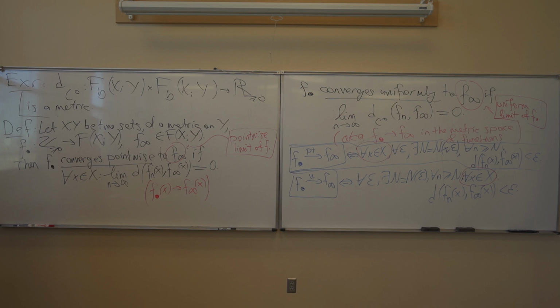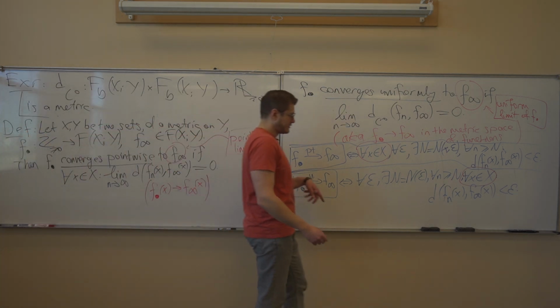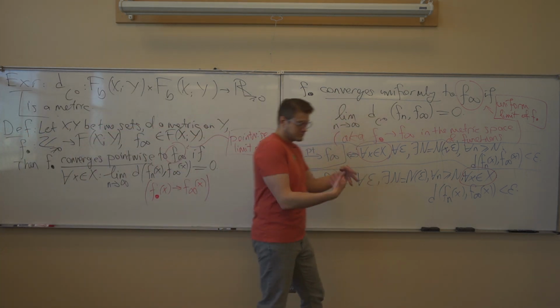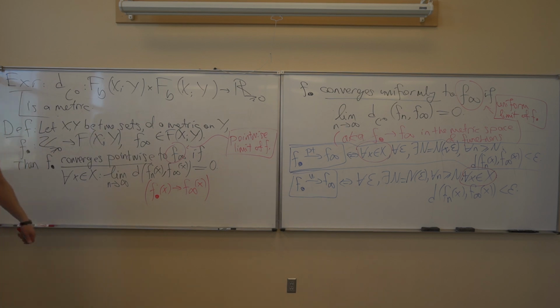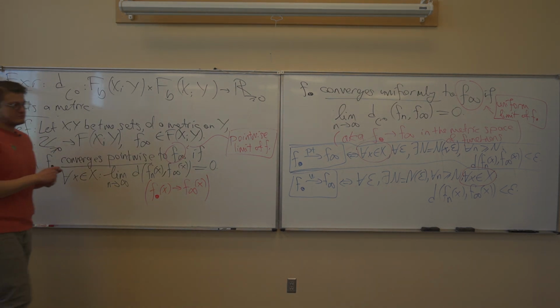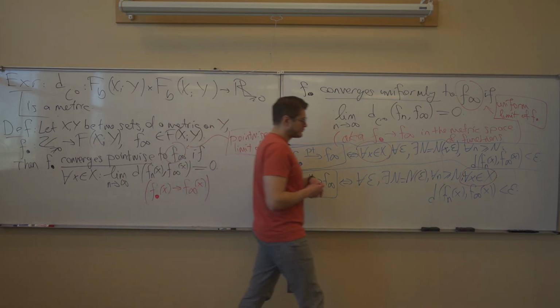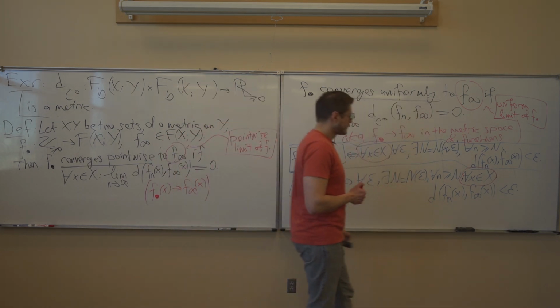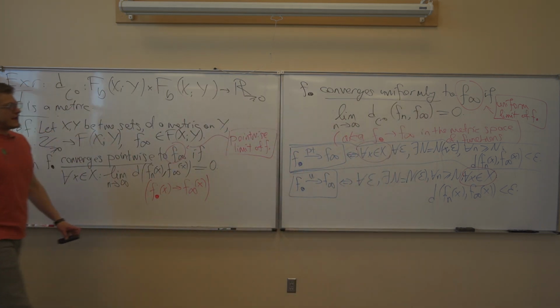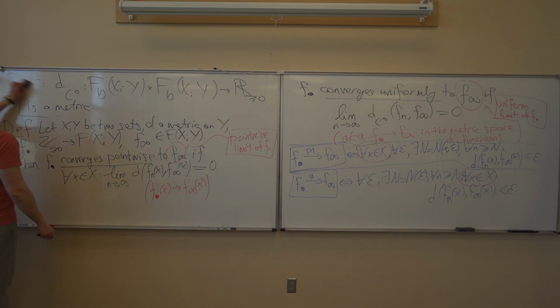Of course, the statement is not that you can always find a time like that. It is not necessarily true that the time that works pointwise works uniformly, but maybe you can find a different time that works for all x. So the idea is that uniform convergence implies pointwise convergence. So it is something stronger.